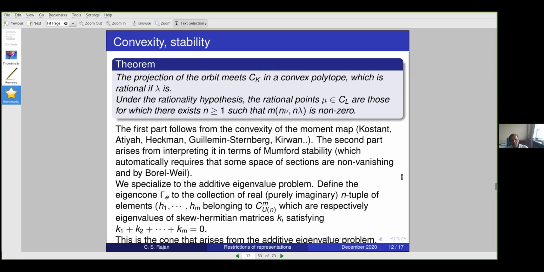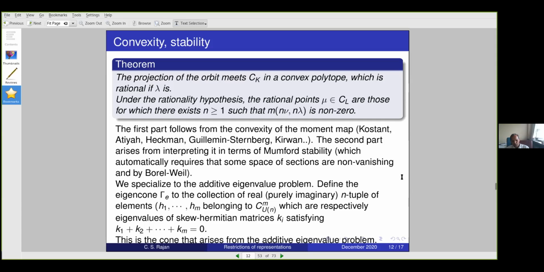So you define the eigencone gamma E to be the collection of real, or we'll just work with purely imaginary, n-tuples of eigenvalues h1, h2 to hm, which belong to a fundamental domain on the torus, and which are respectively eigenvalues of skew-Hermitian matrices Ki satisfying K1 plus K2 plus Km equal to 0.